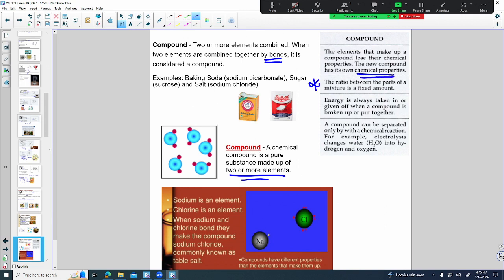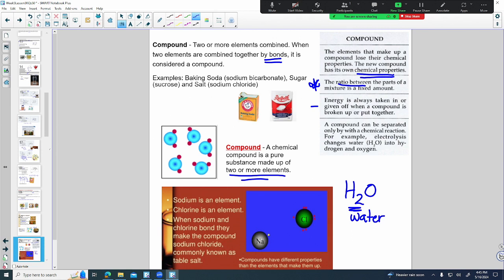An important feature of a compound is that the ratio between its parts is a fixed amount. Just like when we say H2O, which is water, it's a compound. It's a fixed amount. You have to have 2 parts hydrogen, 1 part oxygen to make water. Energy is always taken in or given off when a compound is broken up or put together.